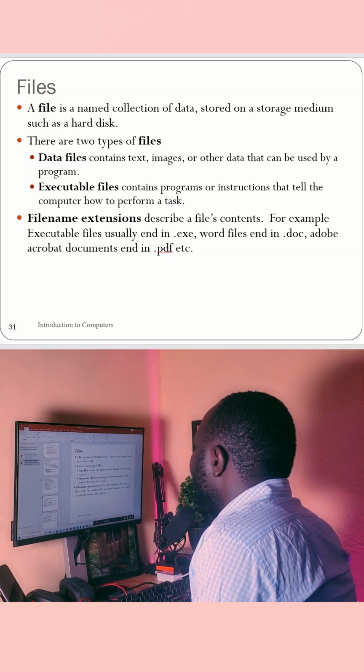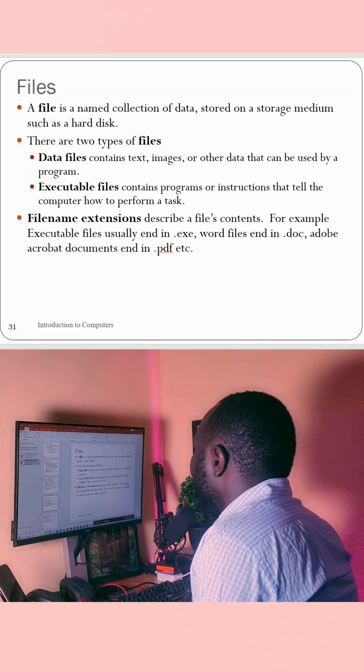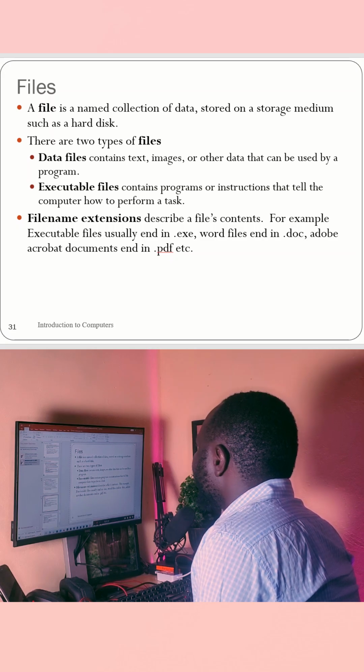A file is a named collection of data stored on the storage media such as a hard disk. And there are basically two types of files. We have the data files that contain text, images, and other data that can be used by a program.